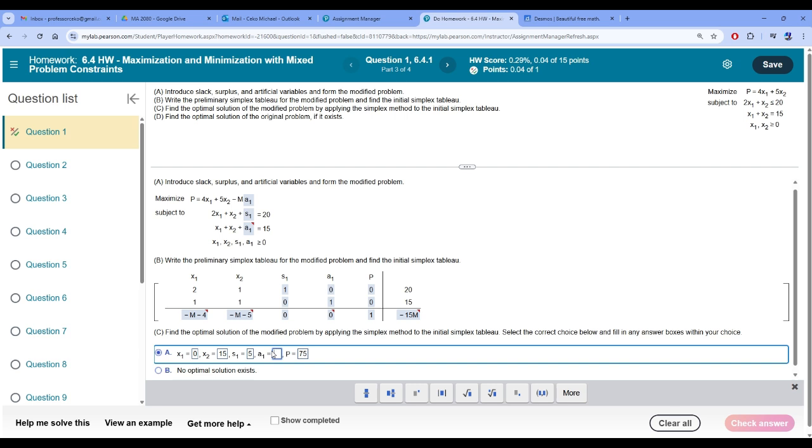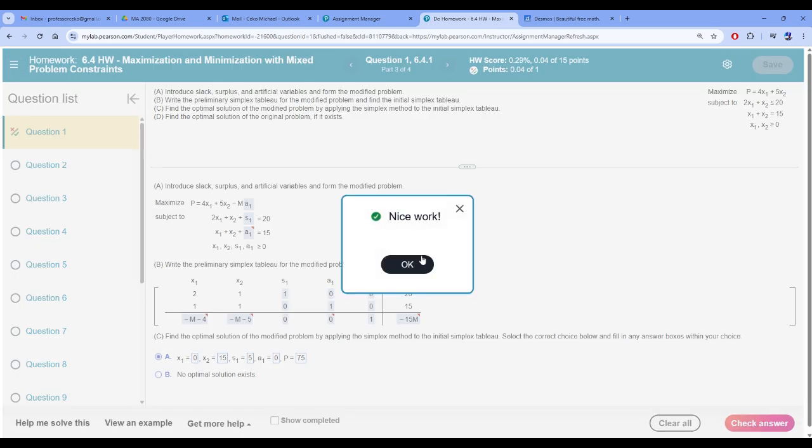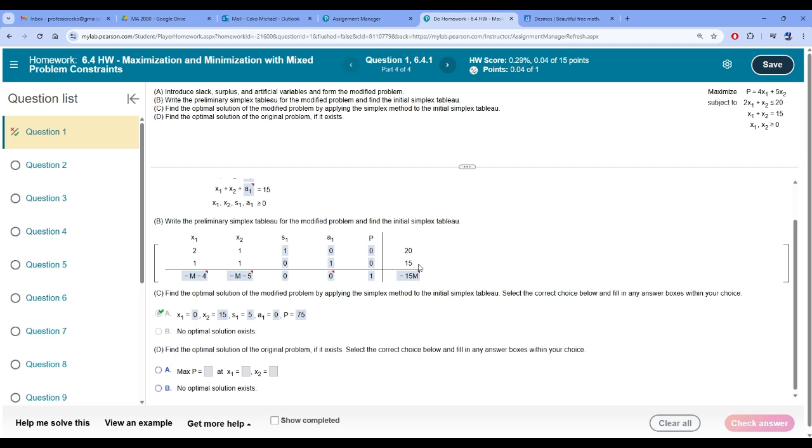Oh man. What's 5 times 15? 5 times 15 is 75, right? So if I were to plug in 15 into there, I have to subtract 0. Nice. Wow.